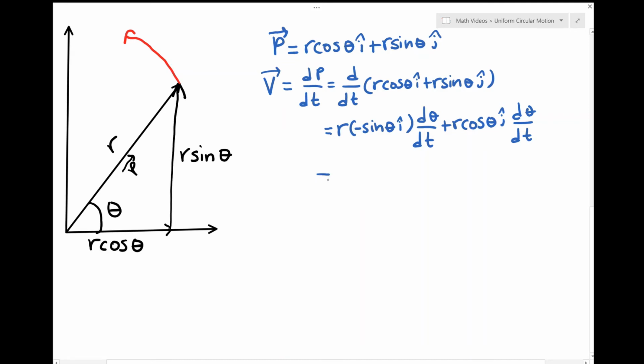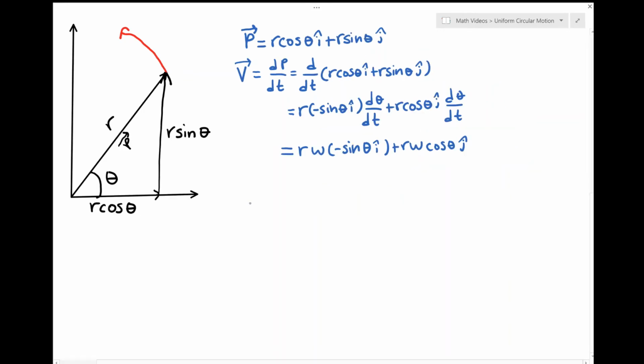That represents the change in angle with respect to change in time. So we get R omega negative sine theta i hat plus R omega cosine theta j hat.